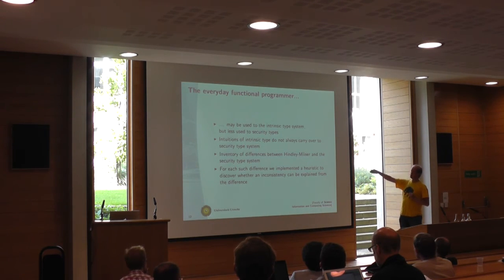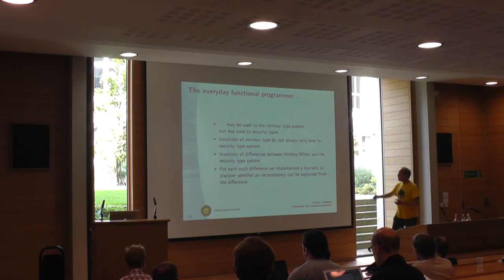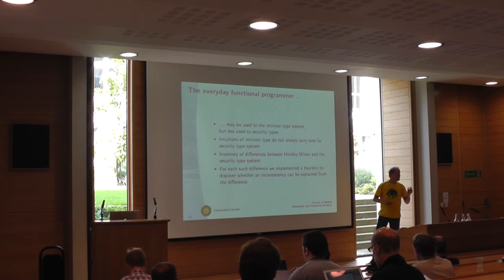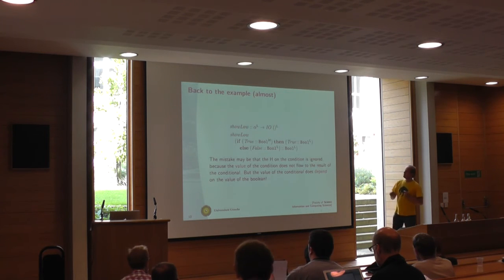So what we did is we simply took the Milner type system and the security type system, and we looked to see when do we have the same types and the annotations are different, and when are the annotations different and do we have the same types? The other way around. And for each of these differences, we implemented a heuristic to discover whether a misunderstanding on the part of the programmer does explain the type inconsistency.